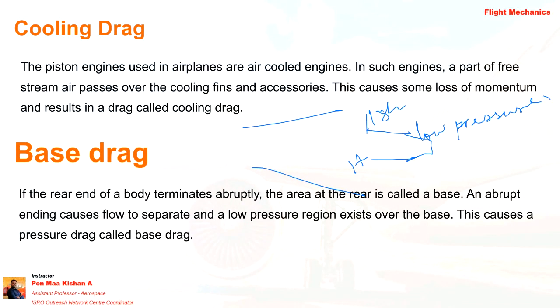Let's say the wing does not have a proper trailing edge. This will create a low pressure region, and that will cause a pressure drag called base drag. Okay, so an abrupt ending causes flow to separate and creates a low pressure region. So a proper ending has to be there. That's why our airfoil has a trailing edge.